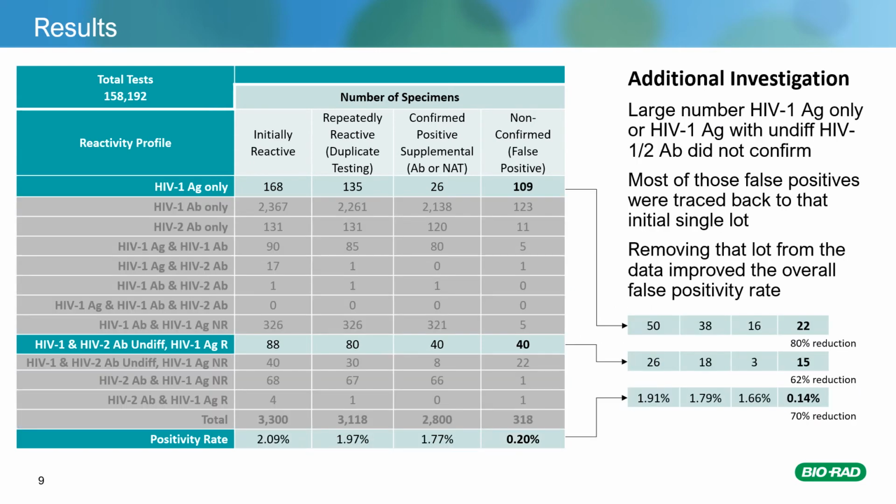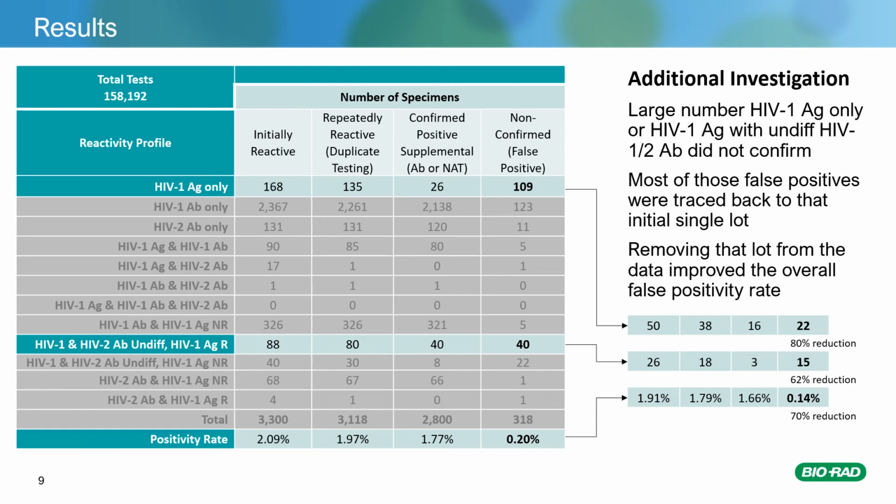Looking at the data a little bit closer, one may notice that a large portion of the non-confirmed specimens were HIV-1 antigen only or in conjunction with HIV-1 and 2 undifferentiated antibody profiles.